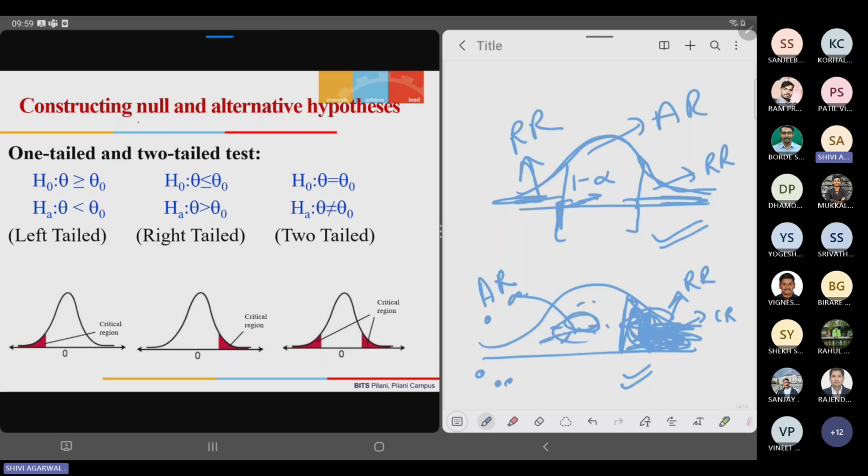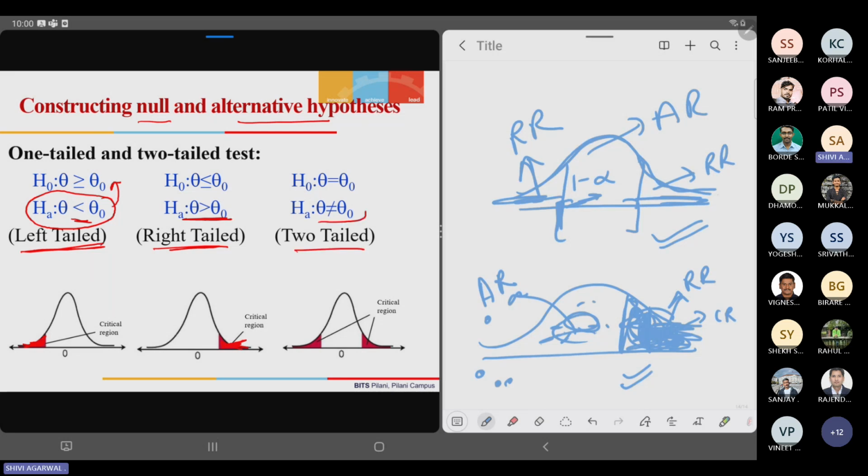Now, constructing the null and alternative hypotheses. We first find HA, which is the new claim. Just contradictory to that is H naught. The equality sign always comes into H naught. If theta is less than theta naught, we take the left tailed test, meaning the critical region is on the left side of the graph. If theta is greater than theta naught, it means right tail, with the critical region on the right side of the graph.